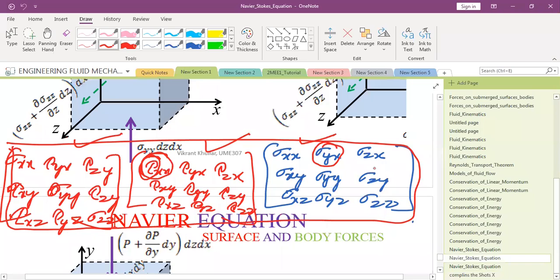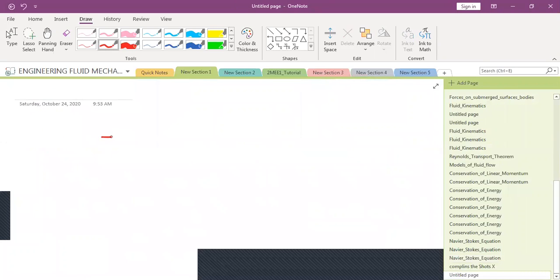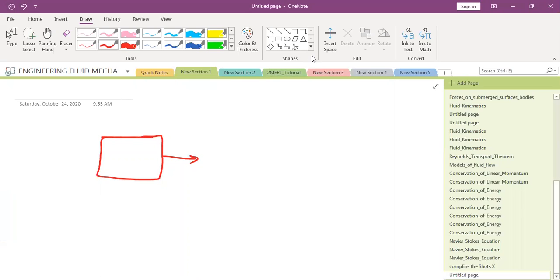Likewise, now if I come to this part, wait for a second. So now let me know if I have something like this. So this was sigma xx.